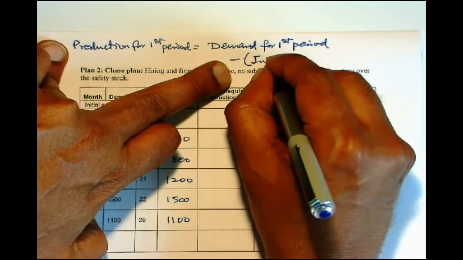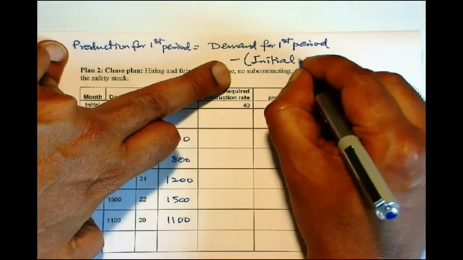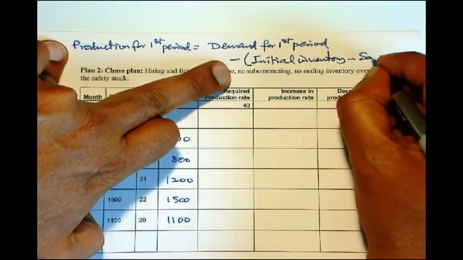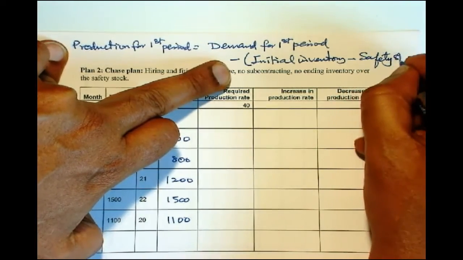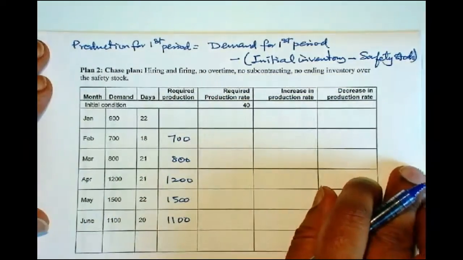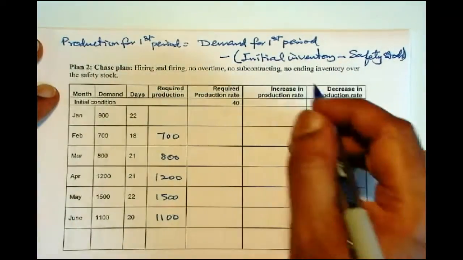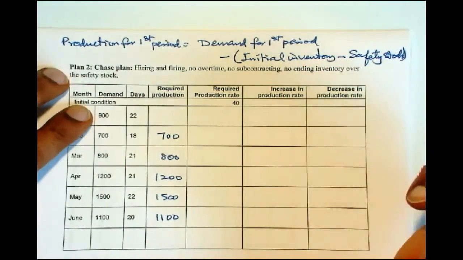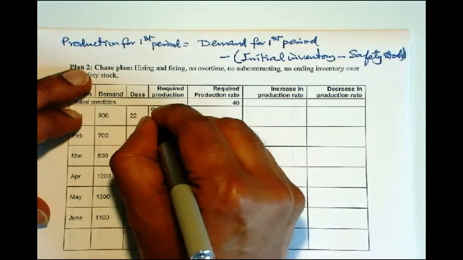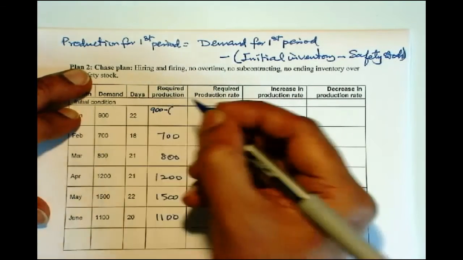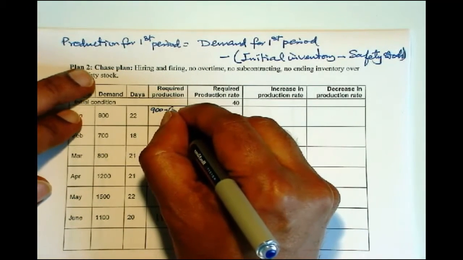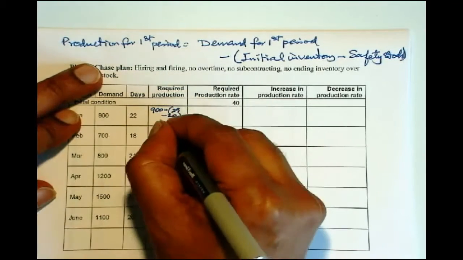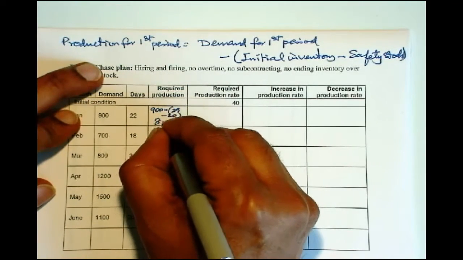Initial inventory minus safety stock. Okay. So remember, our initial inventory is 25 and safety stock is 20. So 900 minus 25 minus 20. So that will give you 895.